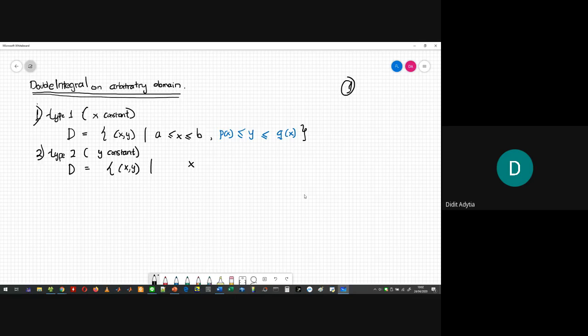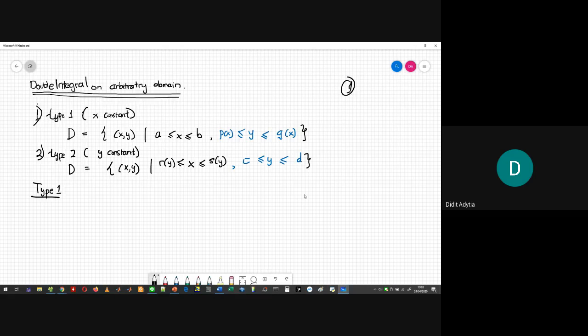Now x is not constant. x is defined on the functions r(y) and s(y), and y itself is constant between c and d. Okay, that's clear. Now we will discuss type 1.